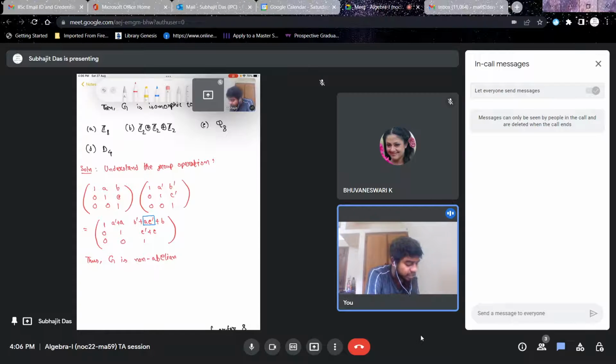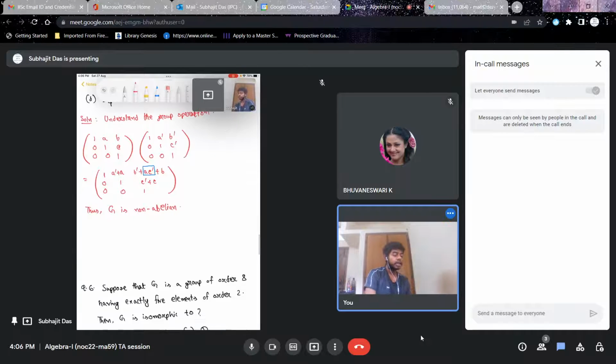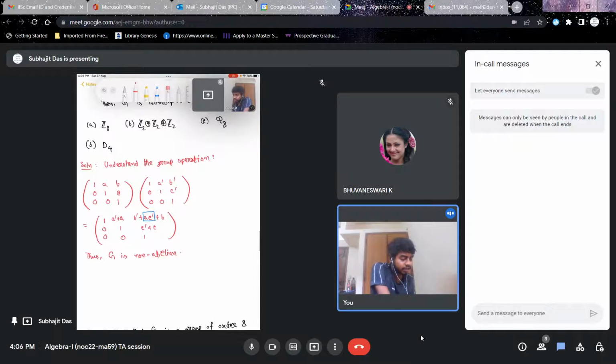And we can already discard two options from here, Z8 and Z2 cross Z2 cross Z2, which are clearly abelian. Now let us try to find out the number of elements of order 2 in G. If the number of elements of order 2 in G is 5, then we know that the group has to be isomorphic to D4, and if the number of elements of order 2 in G is 1, it has to be Q8.